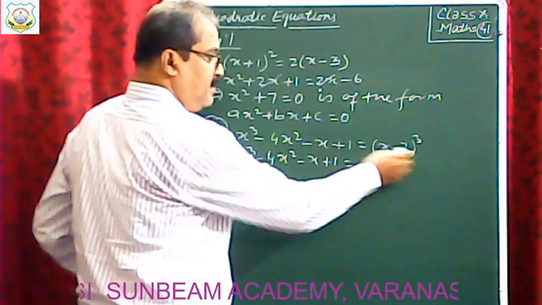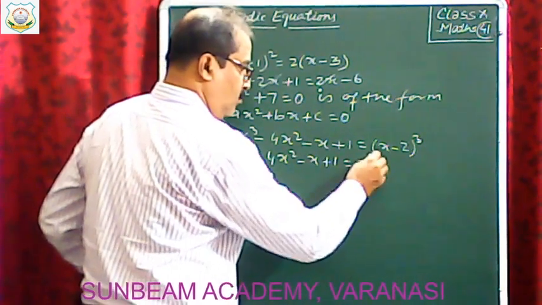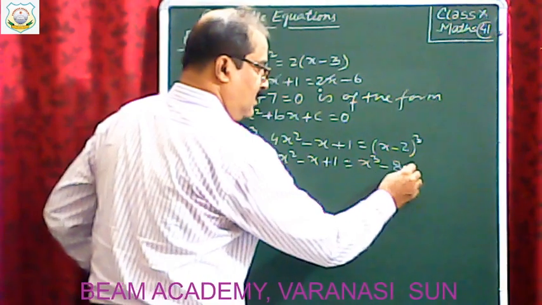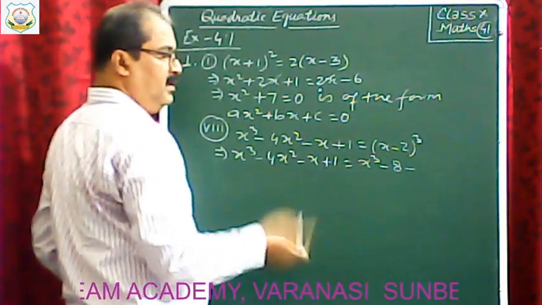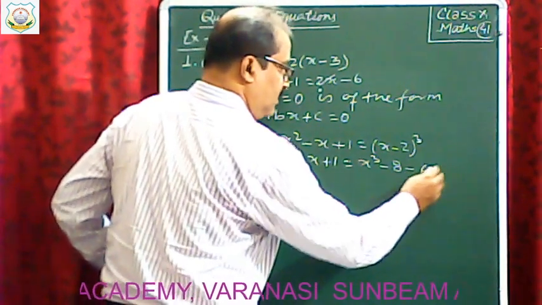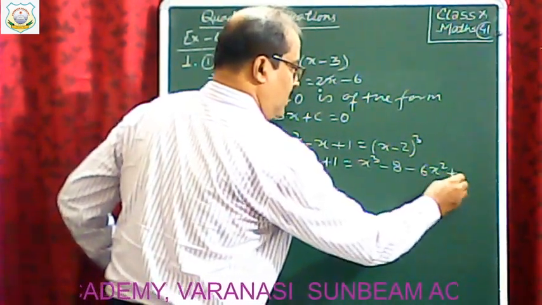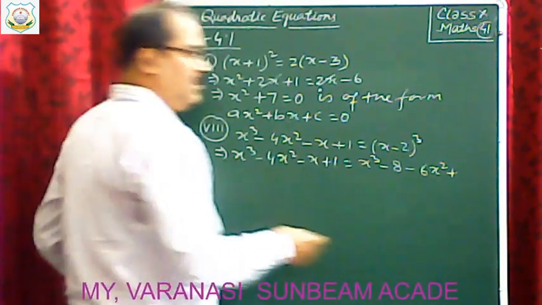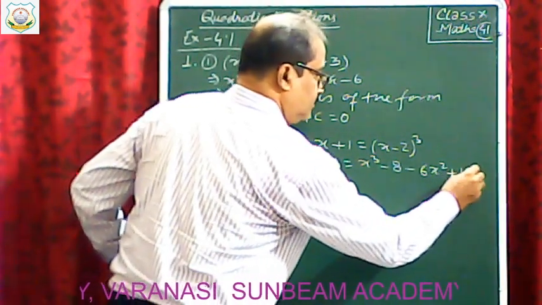So a is x, b is 2. So a cube is x cube, minus b cube is minus 2 cube, 8, minus 3a square b, 3 into x square into 2, it will be 6x square, plus 3ab square, so 3 into x into 2 square, 2 square 4 into 3, 12.